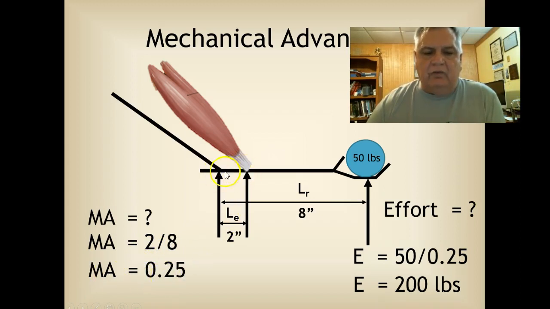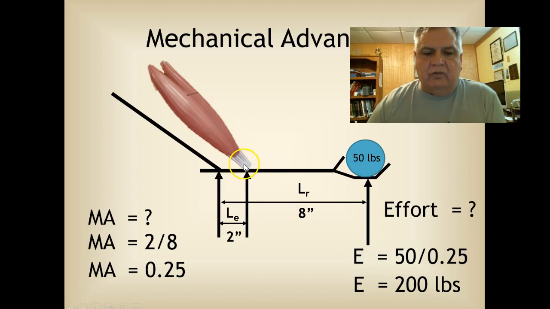So if someone has just a slightly longer point of insertion, what's going to happen? Well, in that case, now the mechanical advantage becomes 0.5. So the effort now is going to be equal to the resistance, 50 pounds, divided by 0.5. The effort's now going to be equal to 100 pounds.